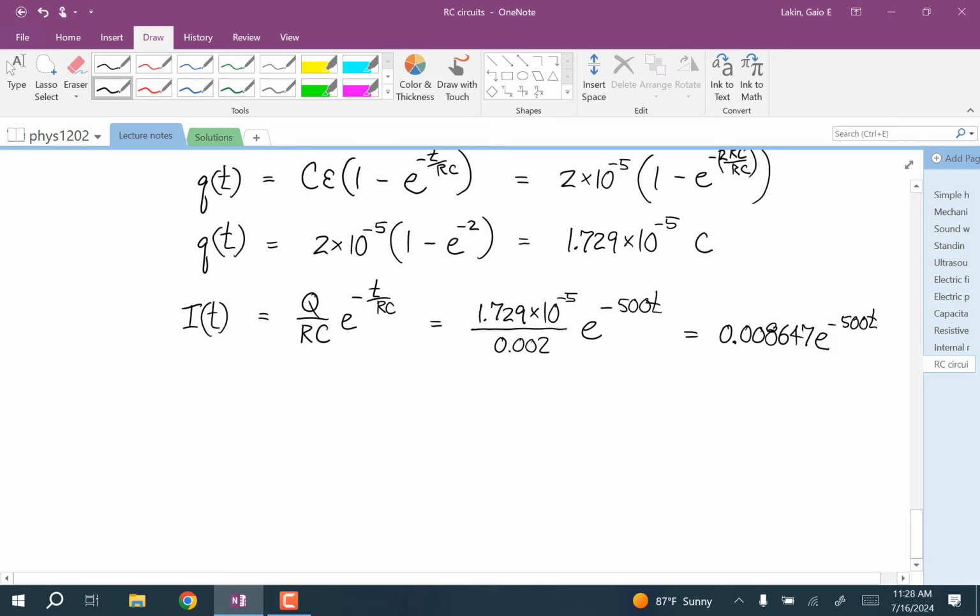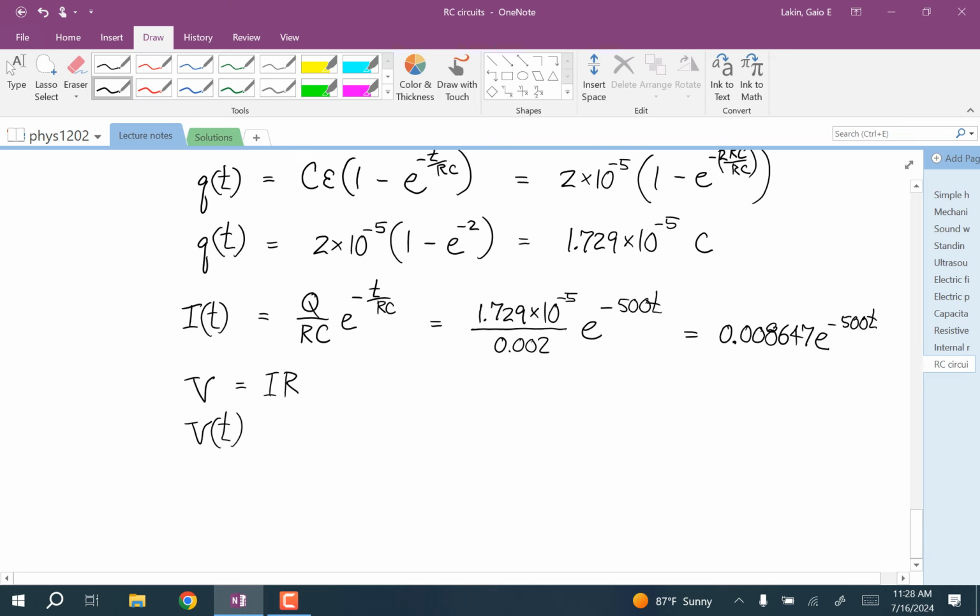That is the current coming from the capacitor, but since these elements are in series, that's also the current going through the resistor. And so to find the voltage across the resistor, again, we're just going to use Ohm's law. Ohm's law says that the voltage is equal to the current times the resistance.